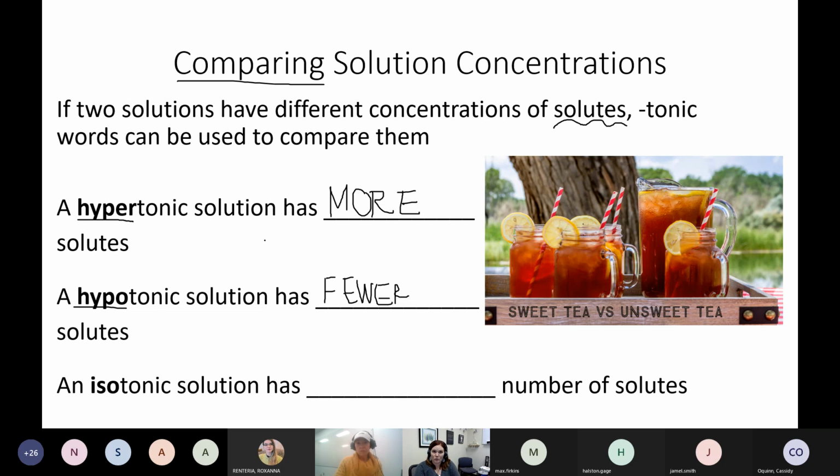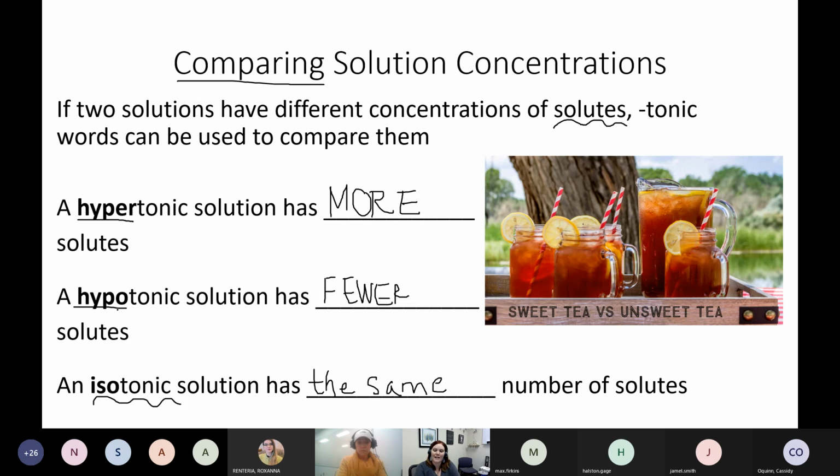In our body, we'll see in just a moment, our body generally likes to keep things isotonic. And when we talk about isotonic, what that means is things are the same. Isotonic means the same. So hypertonic, hypotonic, and isotonic.